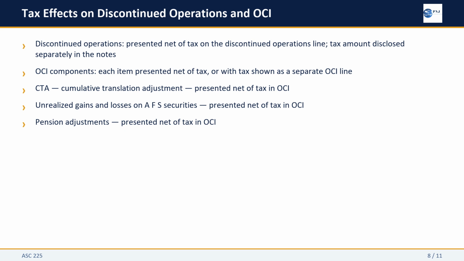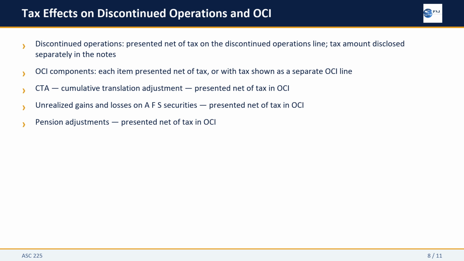Two areas receive especially close attention in intraperiod allocation. Discontinued operations are presented net of their own tax effect on the face of the income statement. The tax amount is then disclosed separately in the notes, so users can see both the gross income and the tax. OCI components follow the same logic. Each item is presented net of tax.